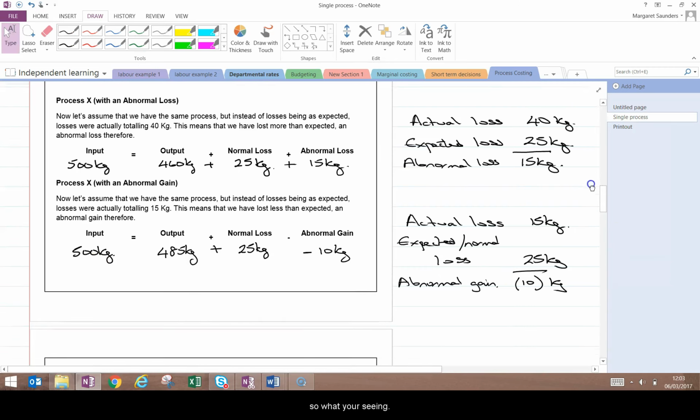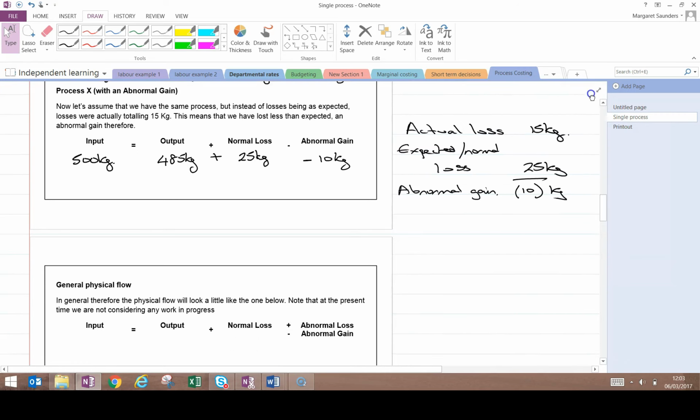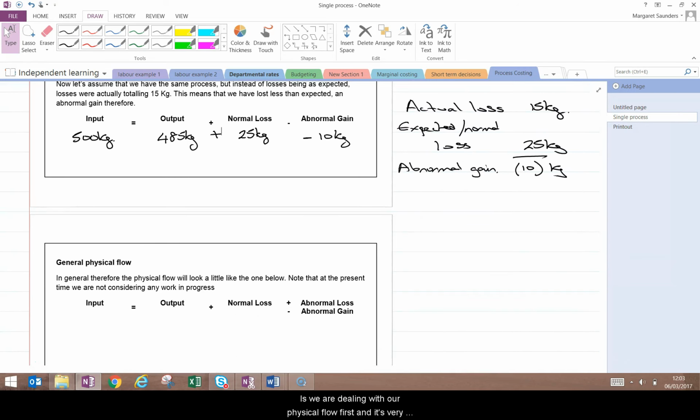So what you're seeing is we are dealing with our physical flow first, and it's very important that when you attempt any process costing calculations that the first thing you do is the physical flow. So write it out.